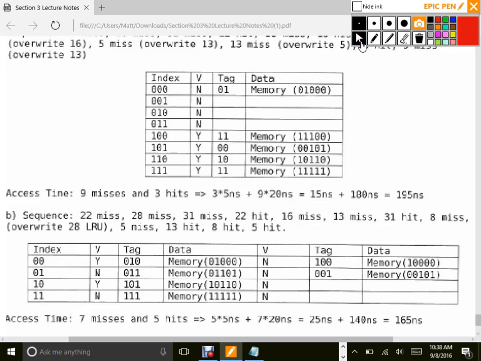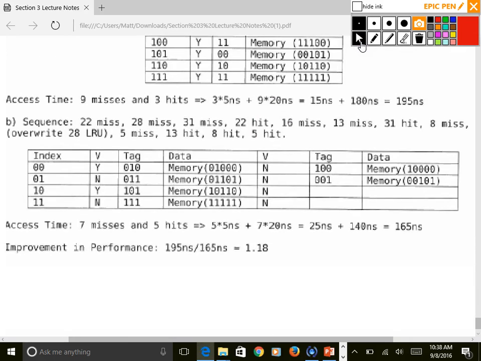So then for part B, we go through the same sequence. We have 22 is a miss, 28 is a miss, 31 is a miss, just like before. 22 is a hit. Now 16 is a miss, and we put it in 00. We know that the last 2 bits are your index, because we have a 2-way set associative cache. 13 is a miss, because we're loading in there. 31's a hit. 8's a miss.